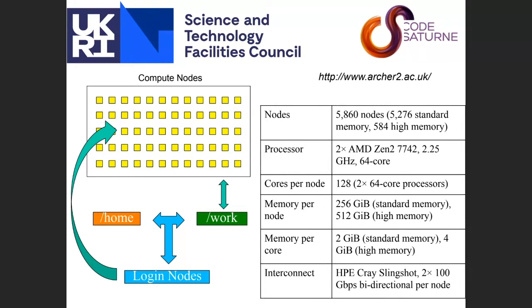As you can see in that sketch, the work directory can access the compute nodes. From the work directory, you submit a simulation through what is called a queuing system, and at the end of the simulation the results are back on the work directory.